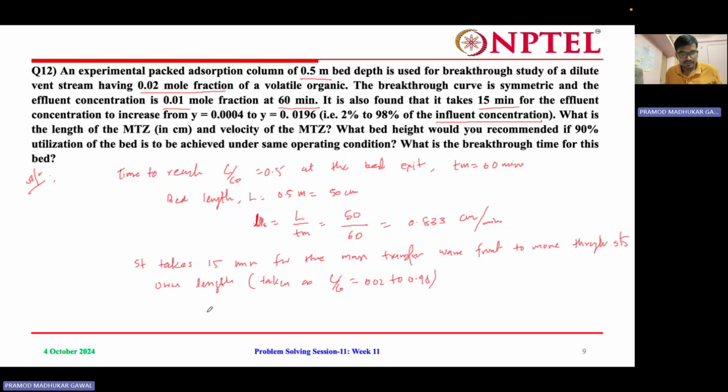Now the length of the MTZ is velocity times time, so 12.5 centimeters, right?